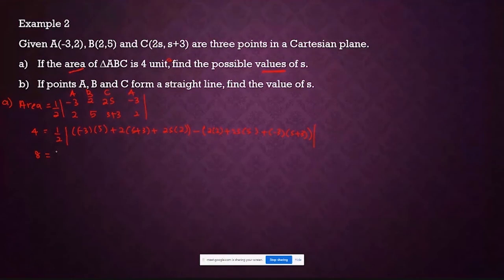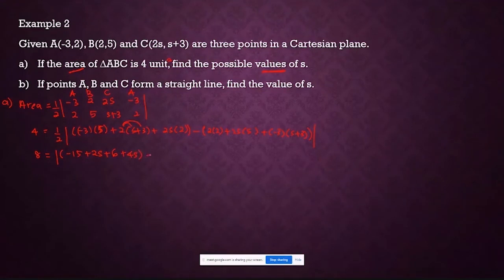Now on the left side: -3 times 5 is -15, plus 2s plus 6, plus 4s.